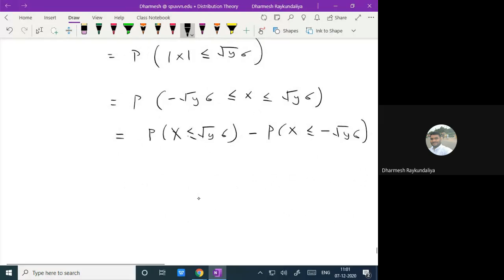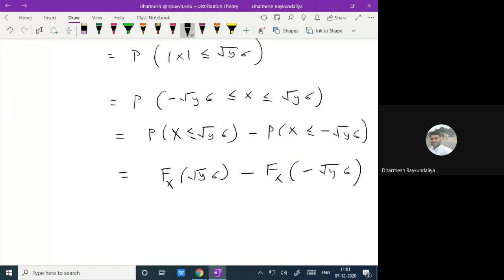Because we know that the probability of a less than or equal to X less than or equal to b can be written as the probability of X less than or equal to b minus the probability of X less than or equal to a. And this is nothing but the distribution function of X at root y sigma minus the distribution function of X at minus root y sigma. So this is the distribution function of y.